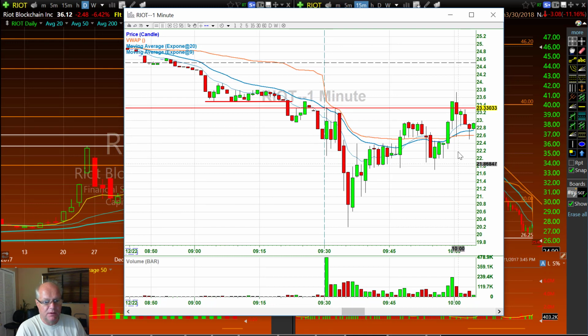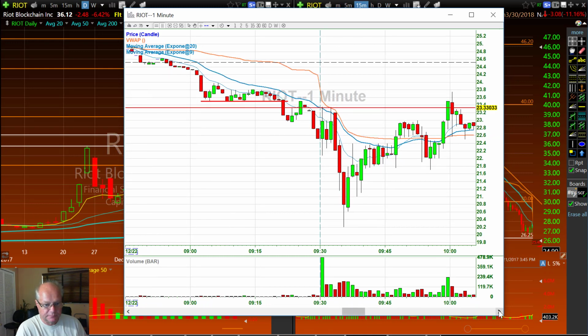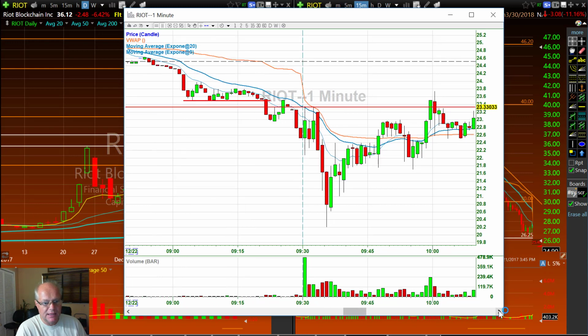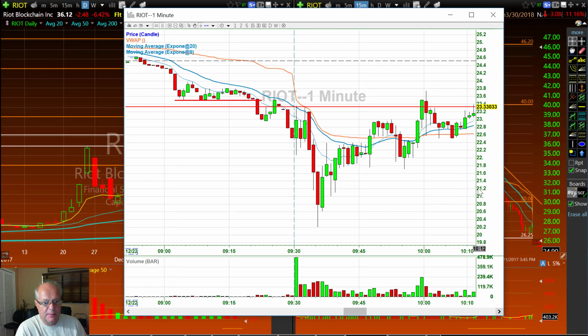Now, holding VWAP again. So the question would be, okay, where is a good entry? It's hard to say. It's just churning under this 23, churning in this range here, pops up above 23 again. Now you might have a case here for going long above the morning high, because it's already tested it once.